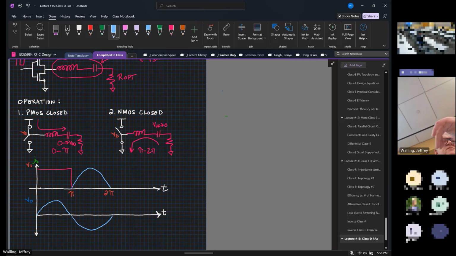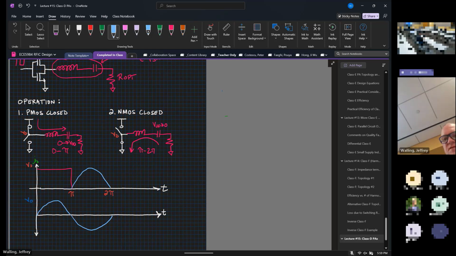It's not going to ground, and then during the second half of the cycle, we're going to dump all the charge back to ground. So we only have current flowing through the drain from that second half of the cycle. I mean, the drain of the NMOS. Yeah, you're not talking about the PMOS. Ultimately, what we're trying to keep track of is how much current is going from the supply to ground. Yeah.